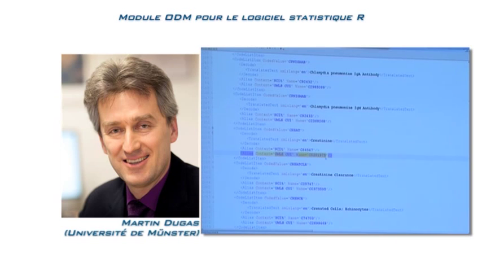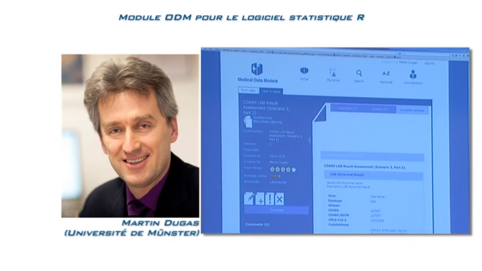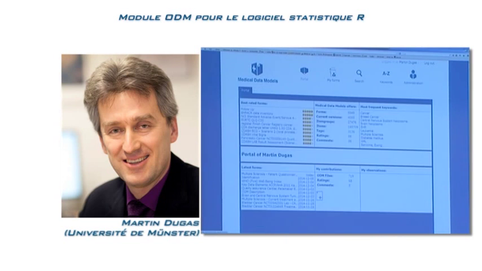UMLS is interesting because you then also have direct mappings to SNOMED and also to MedDRA. So that would be a short demo of this portal. Any questions here at this point?